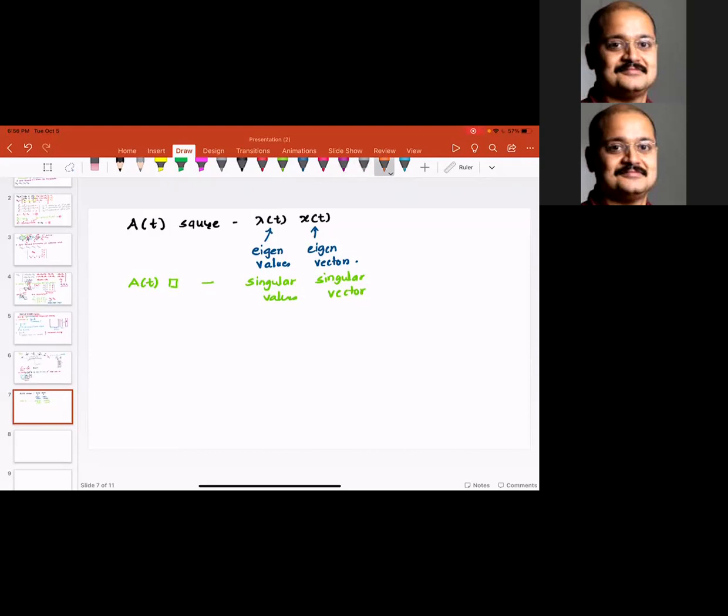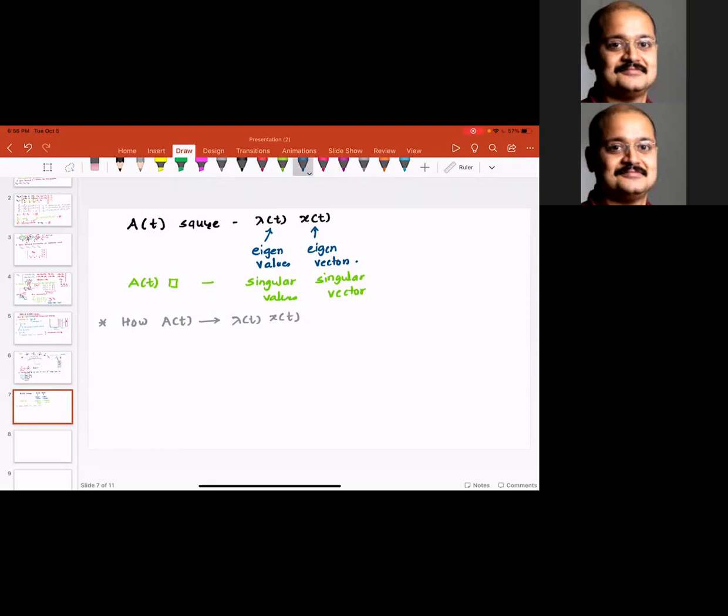So how is the eigenvalue problem expressed when you have a time dependent A matrix? The key question that I want to address here is how A of t is related to lambda of t and x of t.